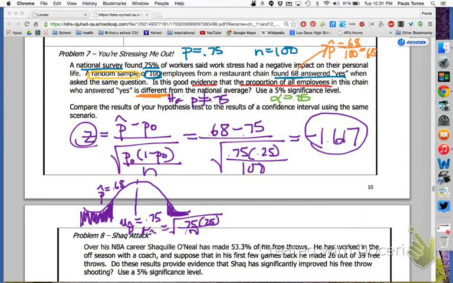And of course, I can use my calculator and do, so for this area over here, I can do normal CDF. I could always look it up in the table as well. Negative infinity to negative 1.617, comma 0, comma 1, because I am doing a standard normal.